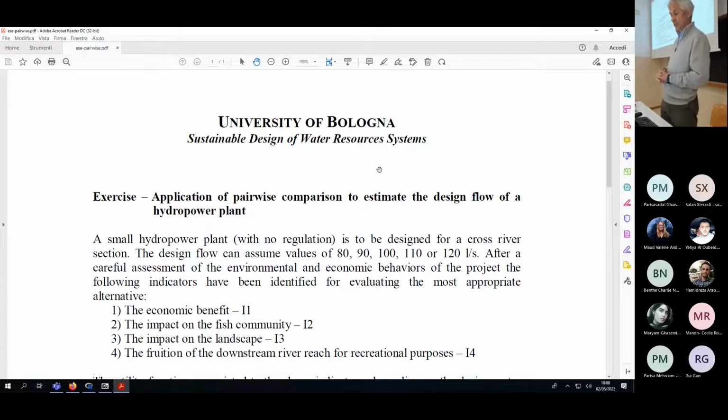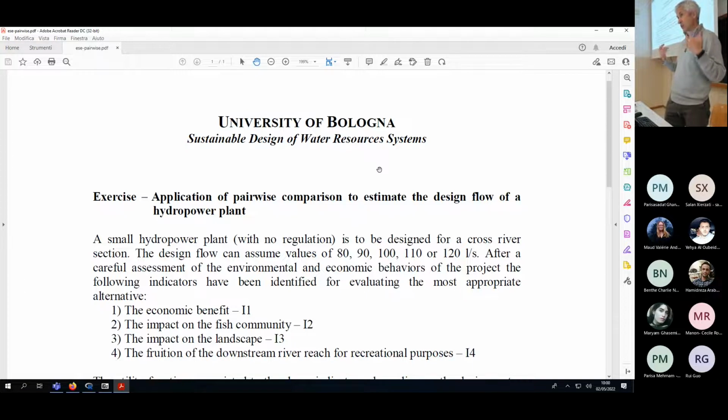The third is the impact on the landscape, I3. And the fourth is the fruition of the downstream river reach for recreational purposes, I4. So these are the 4 criteria. For each alternative design flow, you have to evaluate the value of each of these 4 criteria.